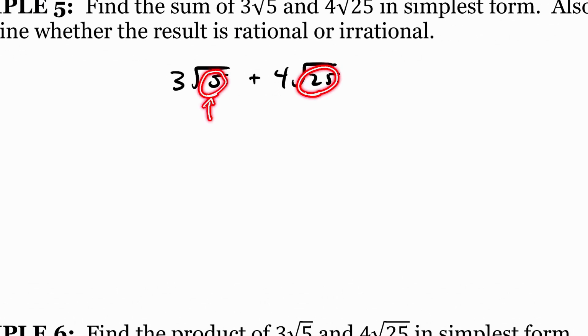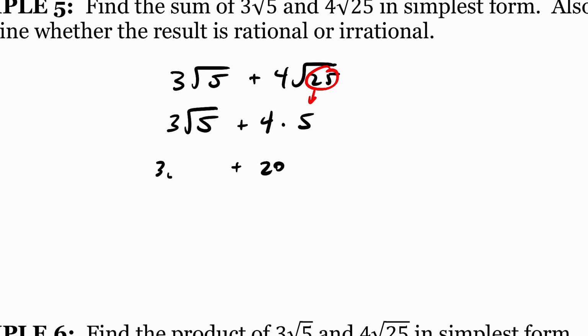So 5, we can't simplify anymore because there's no numbers on our list that go into 5 besides 1. But the square root of 25 is actually 5. So instead of root 25, I'm going to put 5. Then I can multiply and I get 20. So I get 3 times the square root of 5 plus 20.